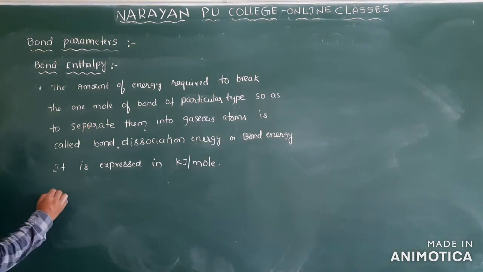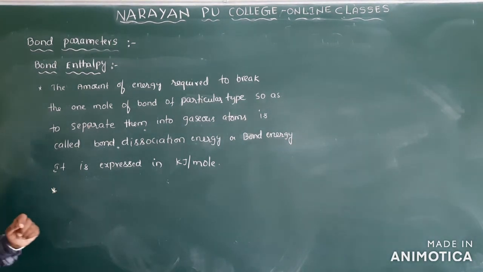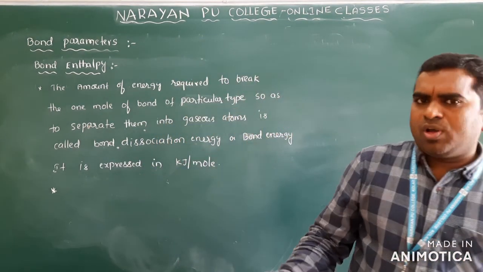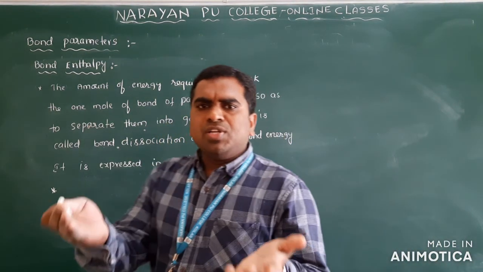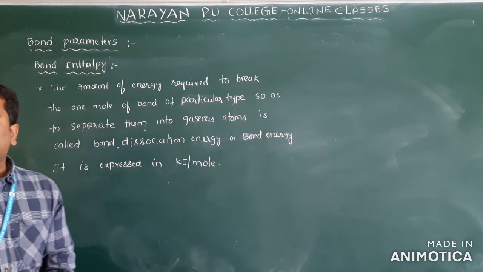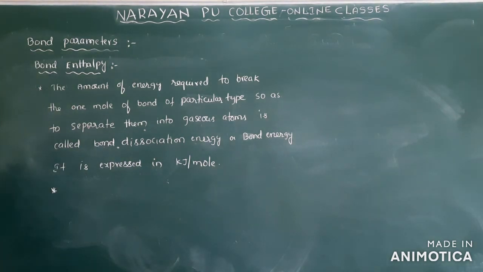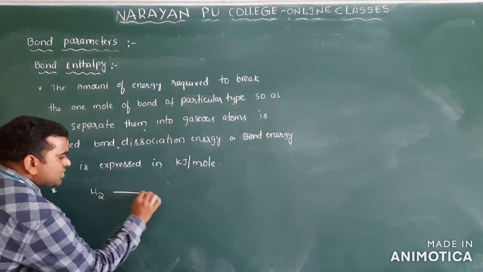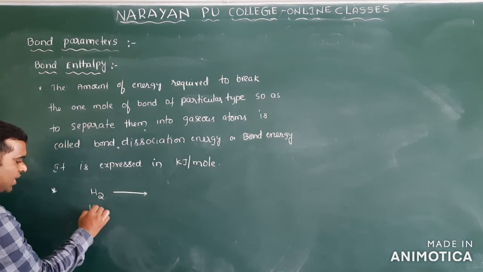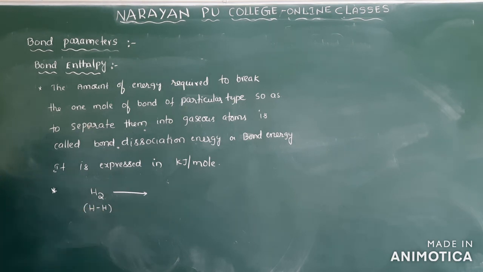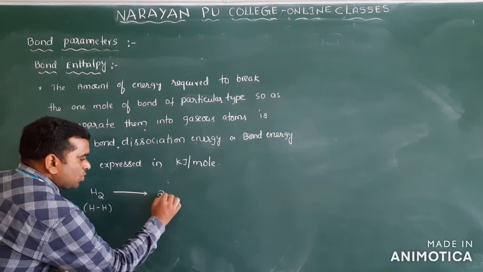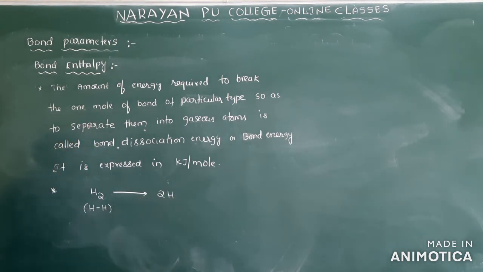Clear? So for diatomic molecules, bond enthalpies are equal to their bond dissociation energies. Simple. If I take a diatomic molecule like H2, H2 means H and H. To break this bond, after breaking, they should convert into atoms.